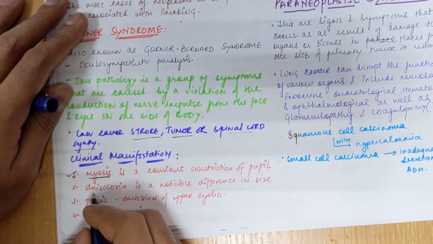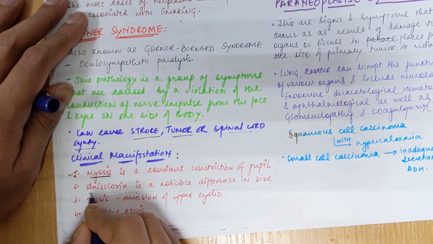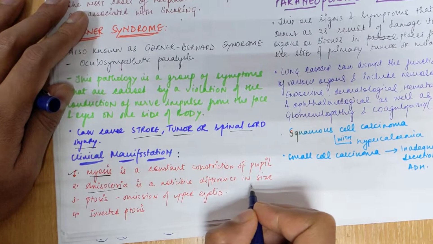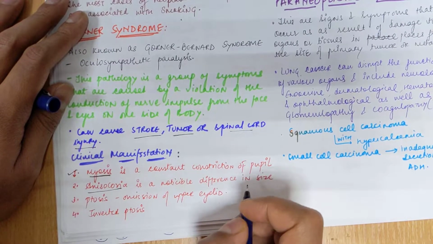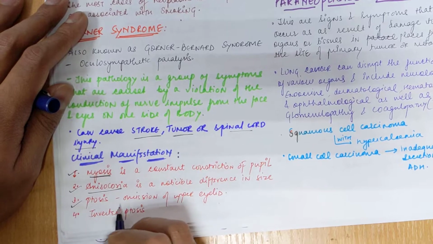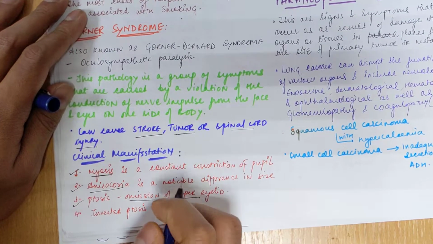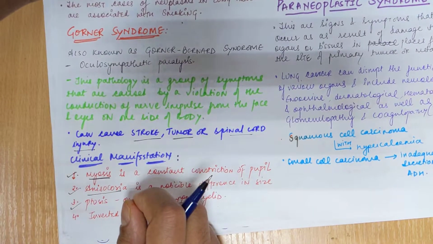Second, we will see the isochoria, which is a noticeable difference in size of your pupils. Then we'll be seeing the ptosis, that is called the drooping of the eyelid, omission of the upper eyelid. So ptosis, you can see the eyelids will be drooping downwards.